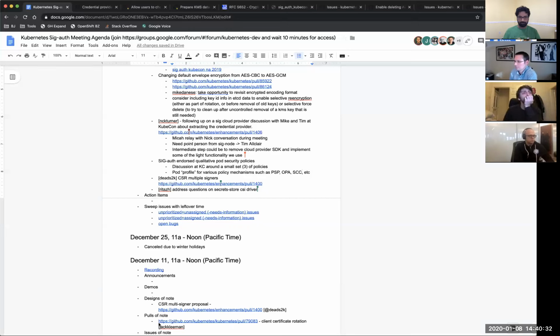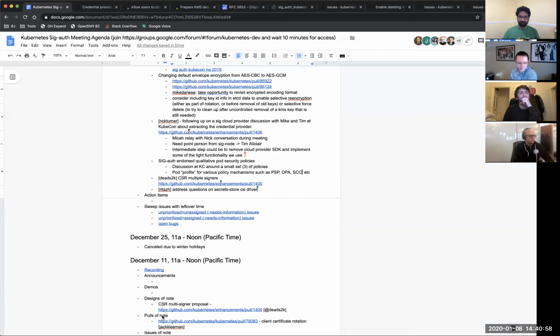The idea was that basically there would be a description of what the standard profiles are in terms of what they restrict, and that would be standardized across all the different implementations. And then you would have the equivalent profiles in each of the different implementations.